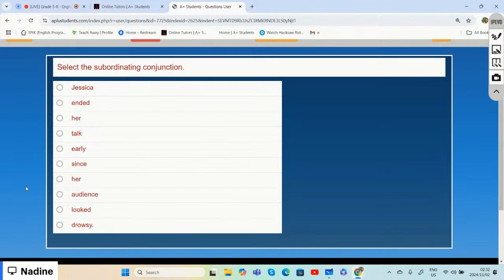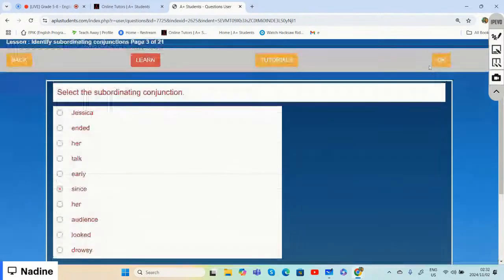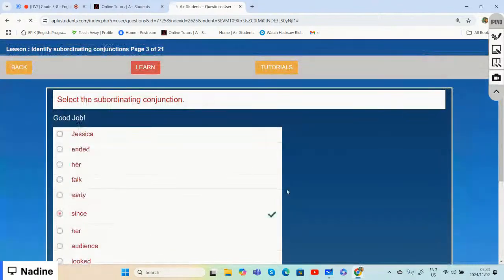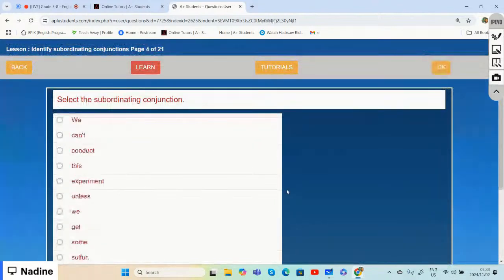And if we were to choose our subordinating conjunction, since is our conjunction. Well done. So since is our conjunction.